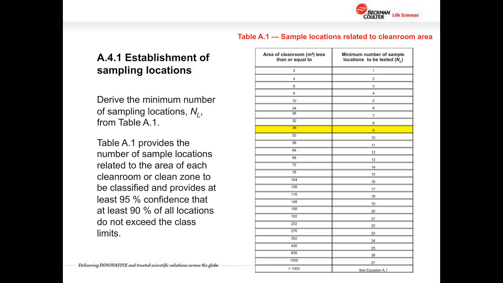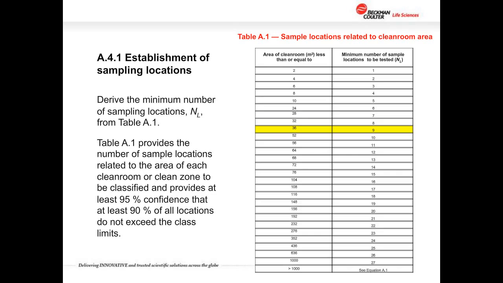Okay. So if we look at the chart, the important thing we notice here is, for example, in the sizing, the numbers for most sizes will have increased. For example, if we took 36 square meters as an area that we're interested in defining minimum number of sample locations, in the previous method, we would have said, take the square root of that area in square meters, and that will define the minimum number.